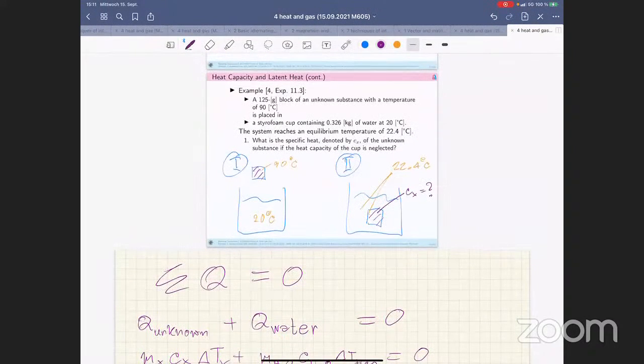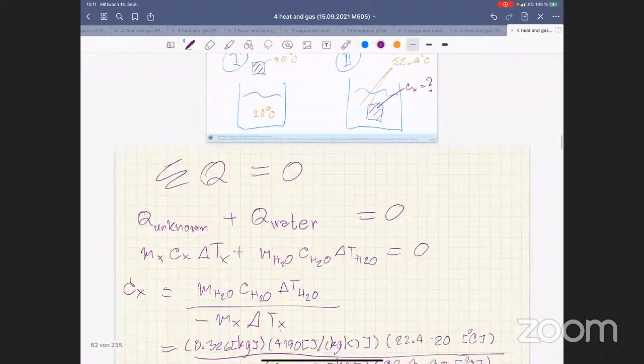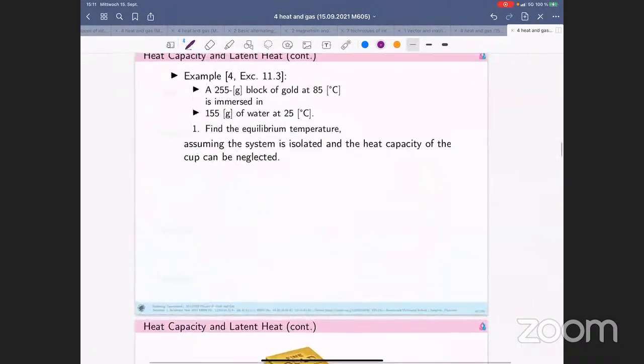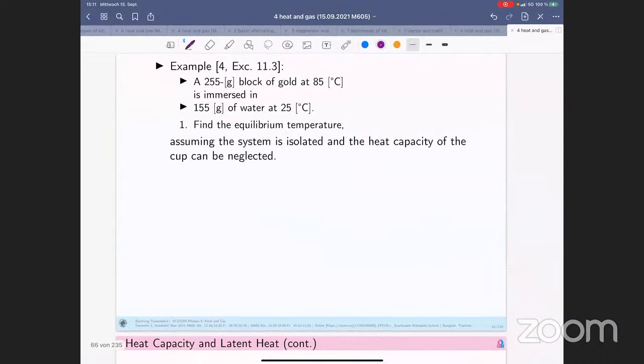Yeah, we have this problem: we throw the gold into the water, and the gold needs heat again. We have two states.